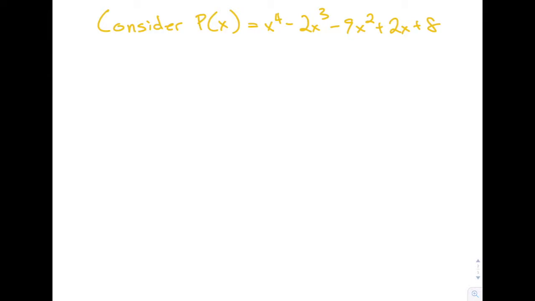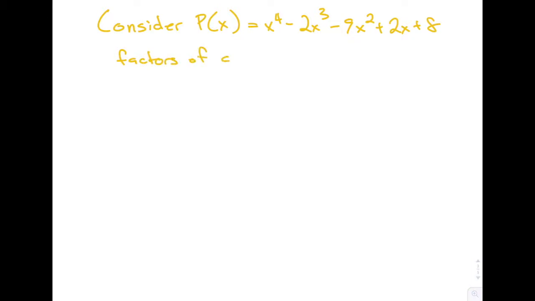So let's consider x to the fourth minus 2x cubed minus 9x squared plus 2x plus 8. I want to start this analysis by using the rational roots theorem just to figure out what our likely real rational roots are. So we take the factors of the constant term over the factors of the leading coefficient.